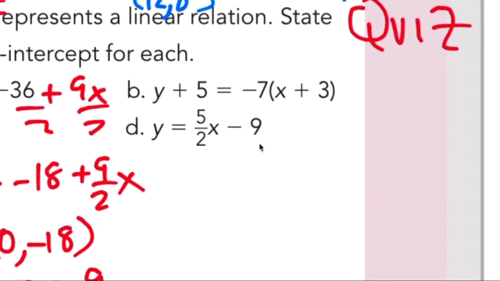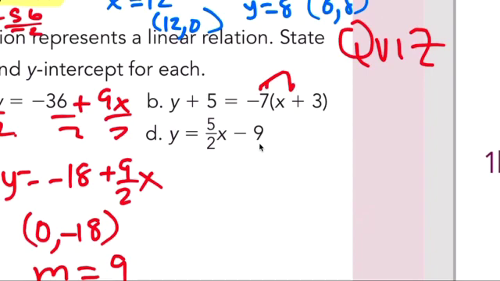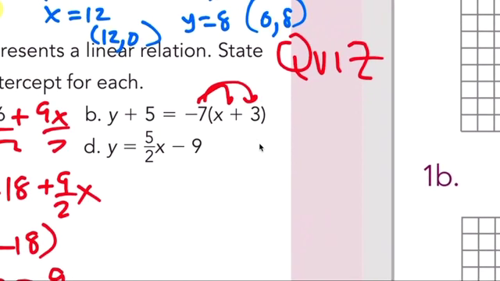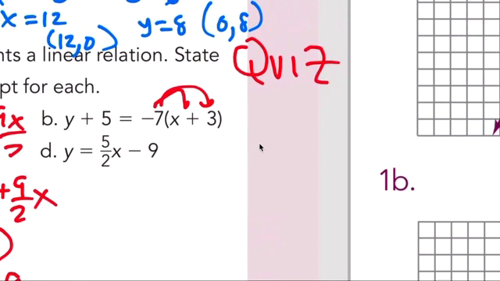And then same here, you need to distribute first for B. So you have y plus 5 equals negative 7x plus 3 plus 21, or minus 21 because a negative and a positive. Okay.